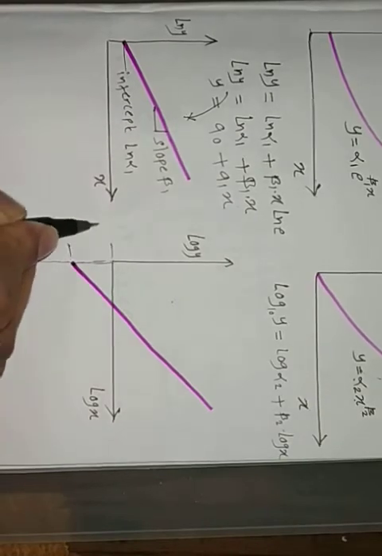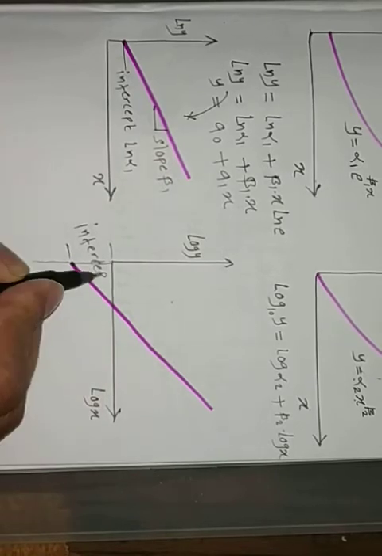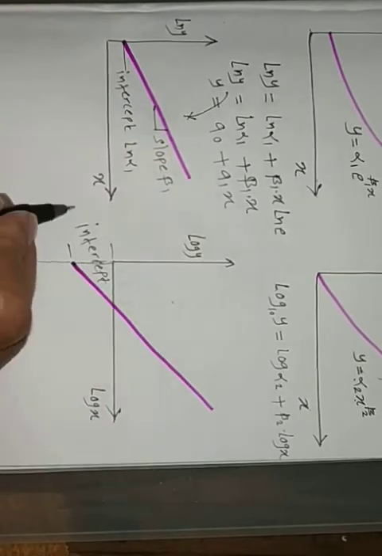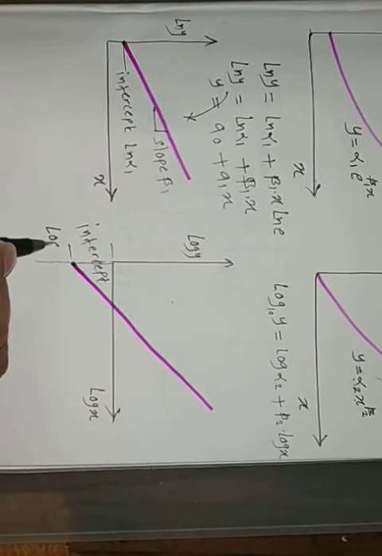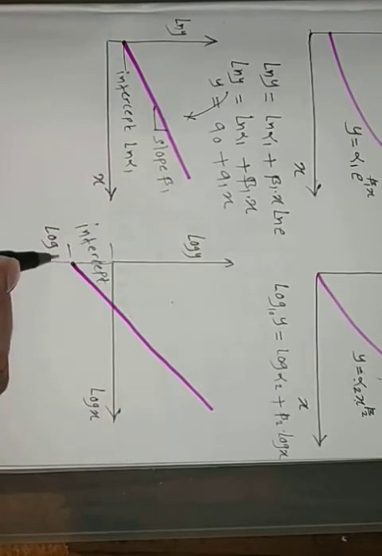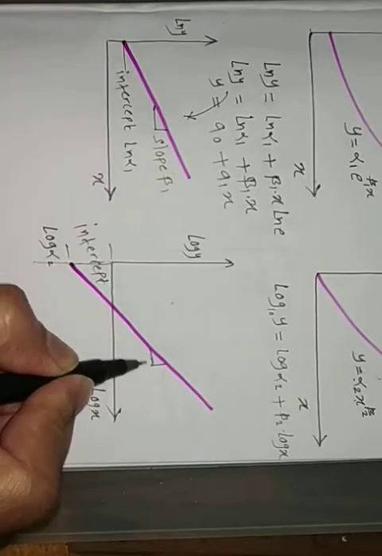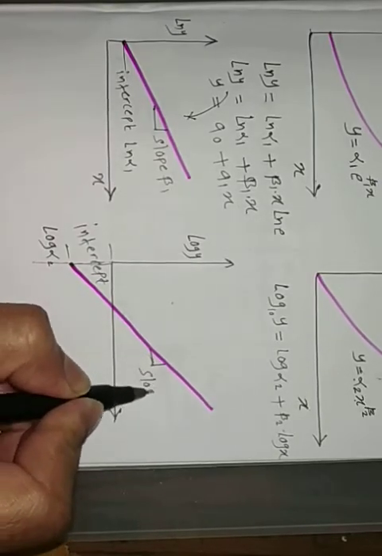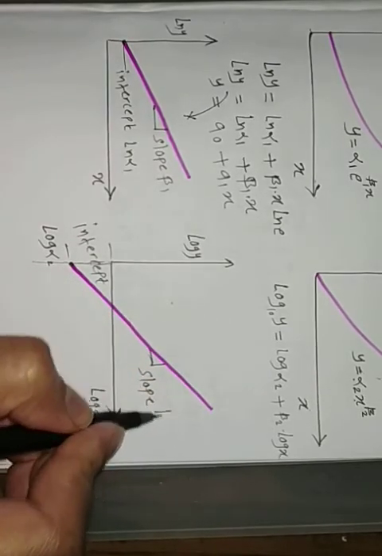This is the intercept, and it is nothing but log of alpha 2, and slope is beta 2.